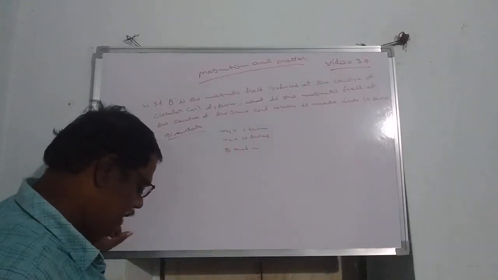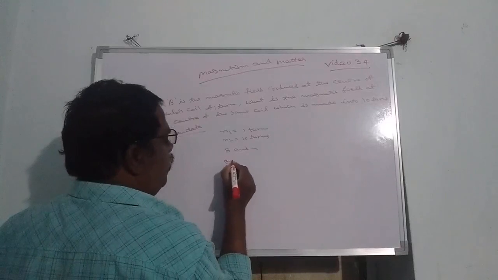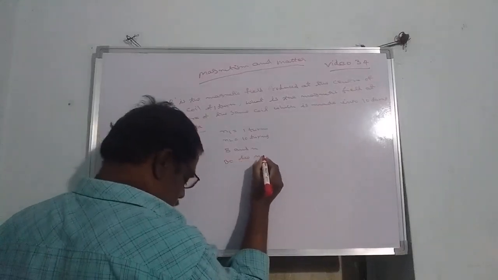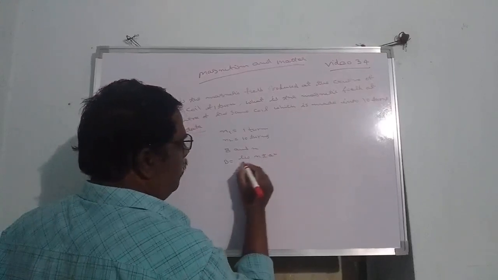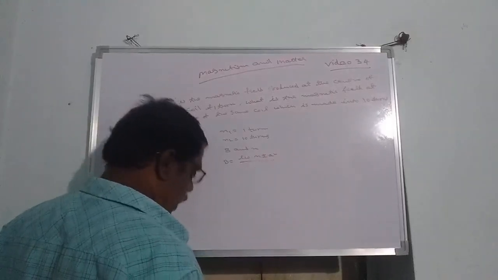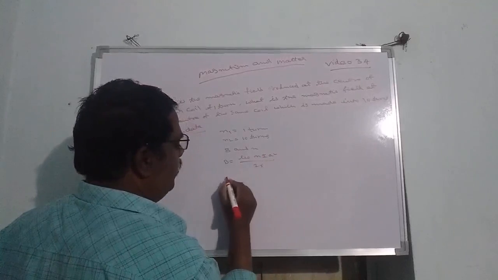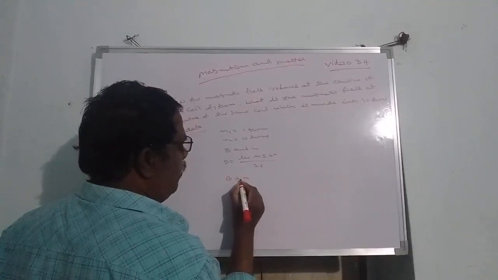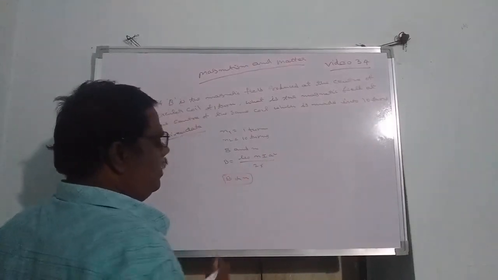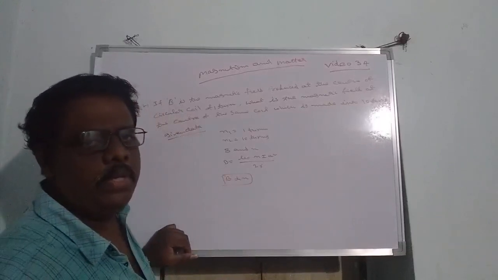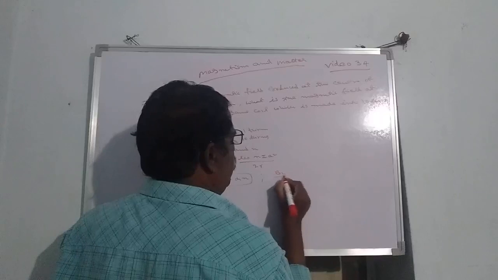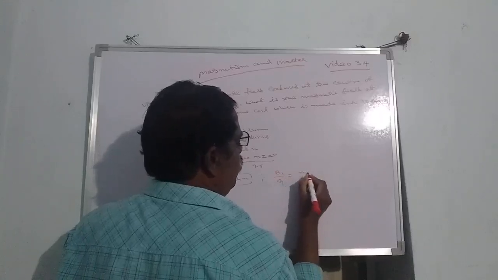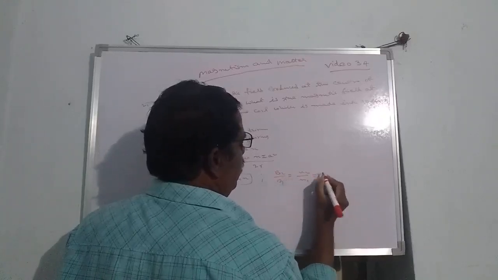They are given the formula B is equal to mu naught N I A square by 2R. This is the formula. From this formula, B is directly proportional to N. From this, we can calculate B2 by B1 is equal to N2 by N1.